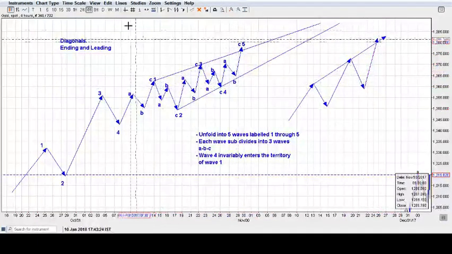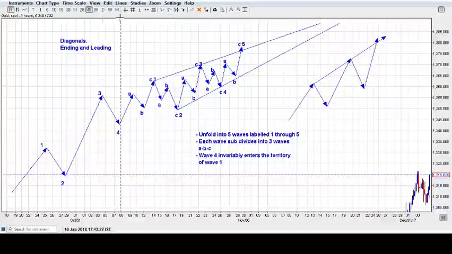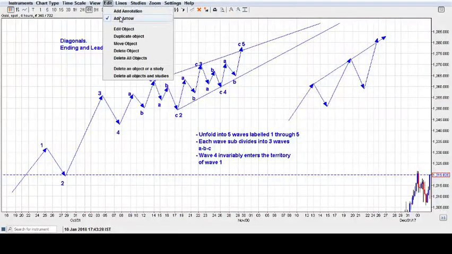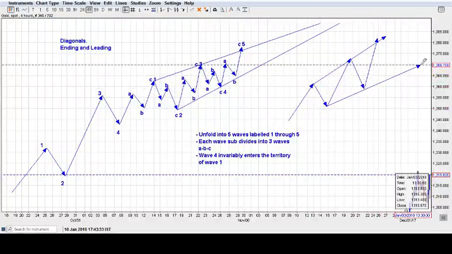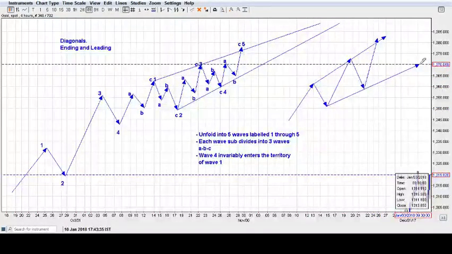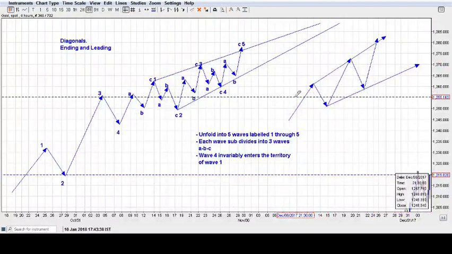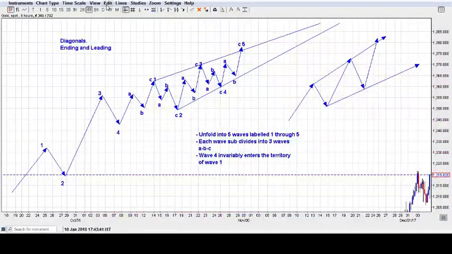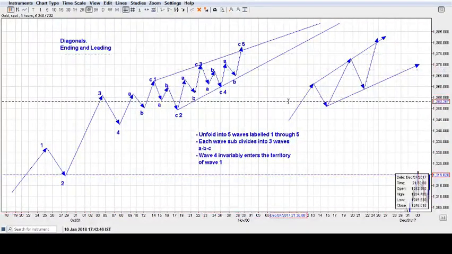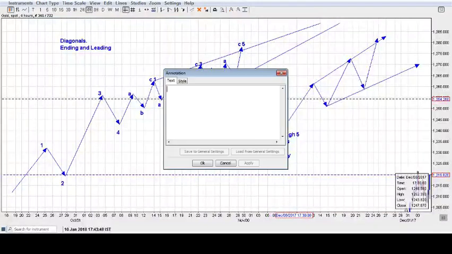Again I'm showing this on a rising market, so it naturally becomes an expanded one. Now the distinguishing factor between these two is that the ending diagonal will unfold into 3 waves each, while for the leading diagonal it is 5, 3, 5, 3, 5.